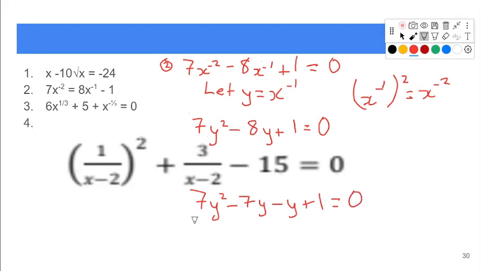So we can just start to factorize this. We see we can factorize 7y. So this would be y minus 1, and the easiest thing to do here is factor out -1. So then we get y minus 1.